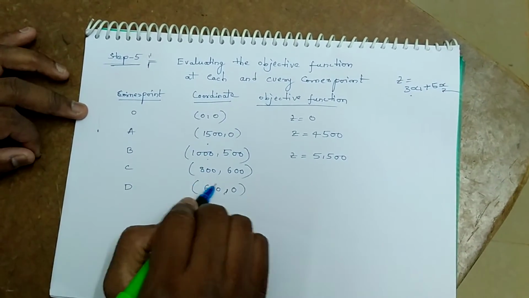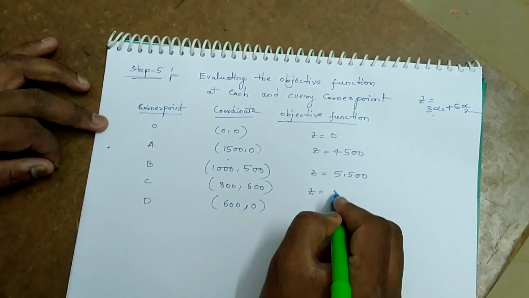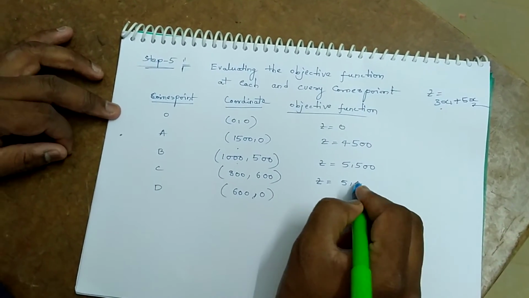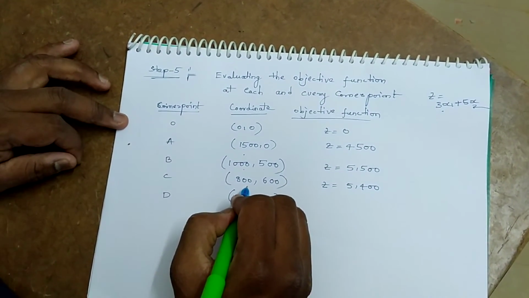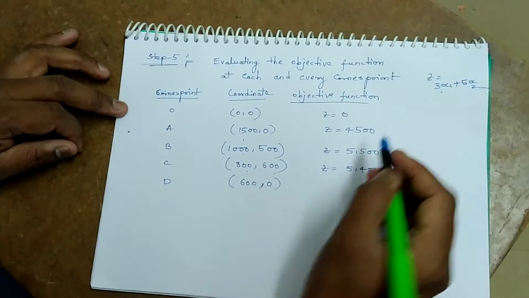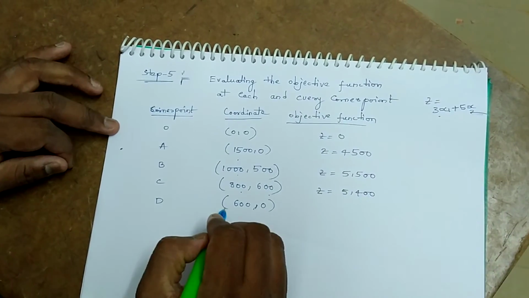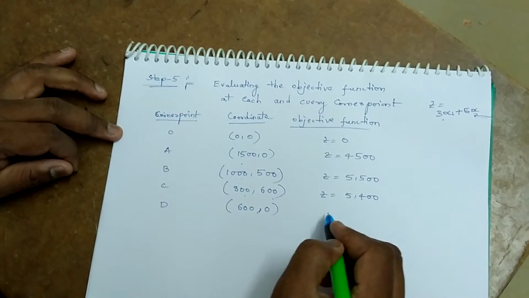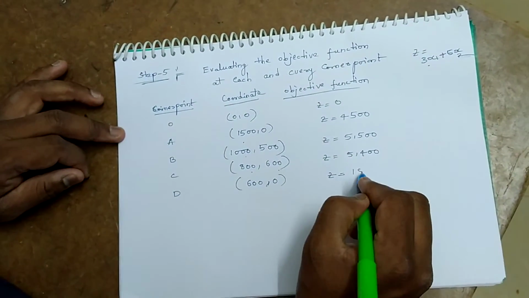Now we need to evaluate the corner point C. Put x1 is equal to 800 and x2 is equal to 600 in this objective function. You will be getting Z is equal to 5400. Now evaluate the corner point (600, 0). For this objective function, you will be getting Z is equal to 1800.